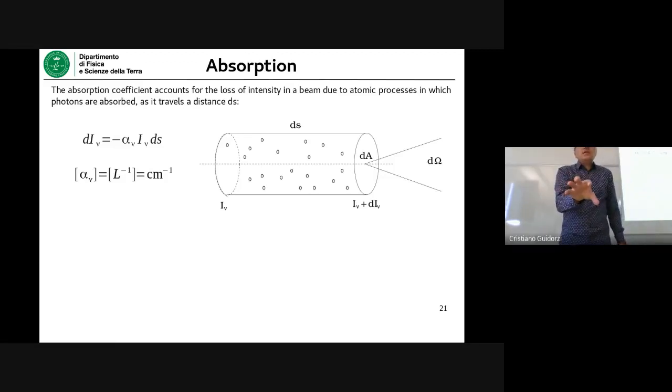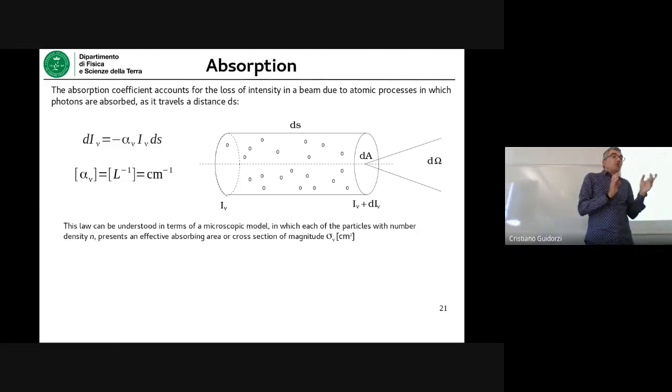What is the meaning of this drawing? Well, you have to think that the capability of matter of absorbing radiation is due to the single atoms. So you have to visualize, and this is the idea behind this figure, the single atoms as tiny sources of absorption of radiation. So the more you have of them, the more capable the gas is to absorb.